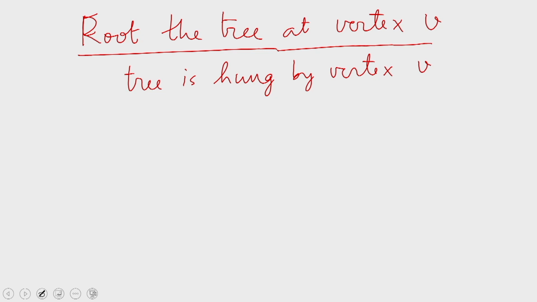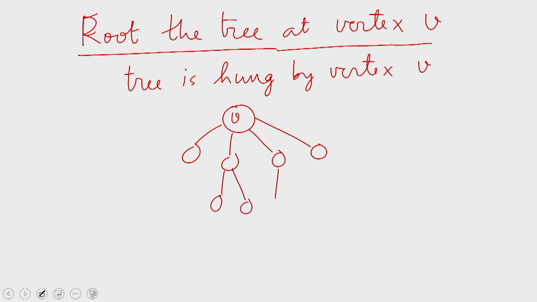So, vertex V is at the top, vertex V's children are all at a level below V, the grandchildren are farther below, and so on. So, we assume the tree is hung by vertex V on a nail.